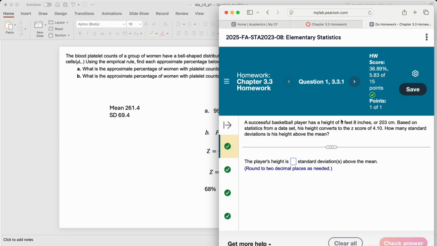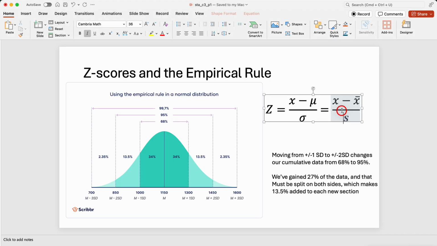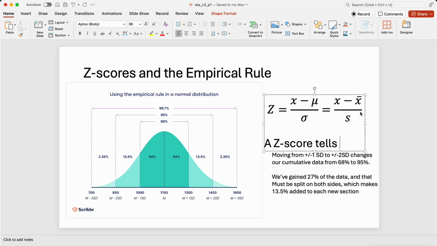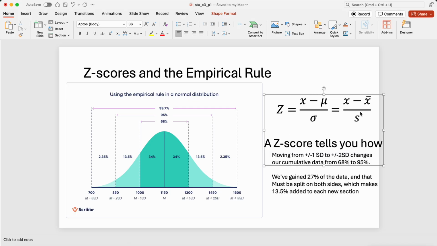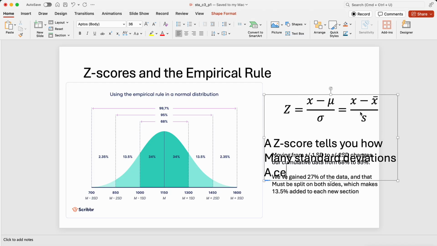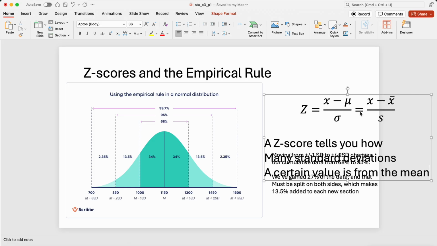So this first question here is really a vocab question, and sorry, we should do that over here. Just underneath, we should say a z-score tells you how many standard deviations a certain value is from the mean.